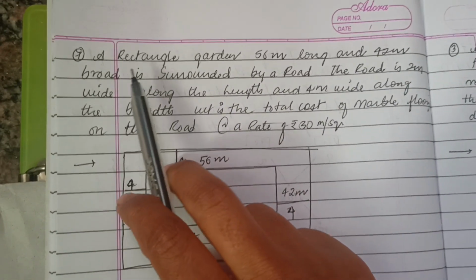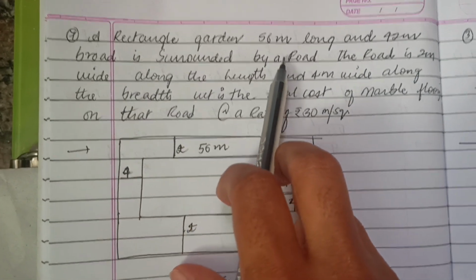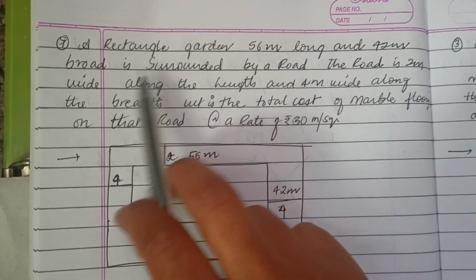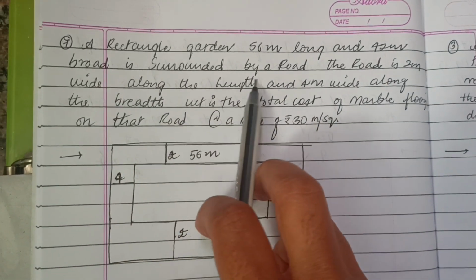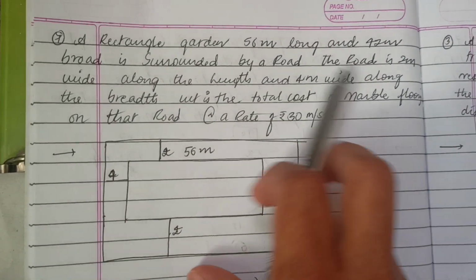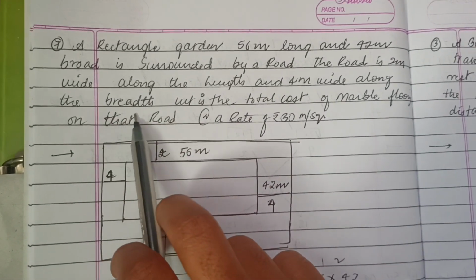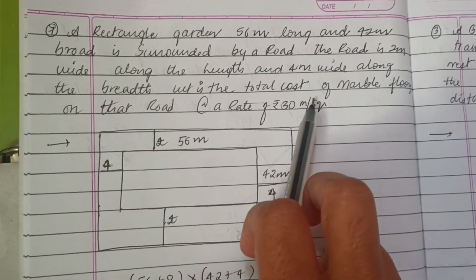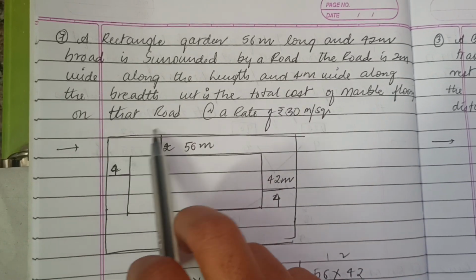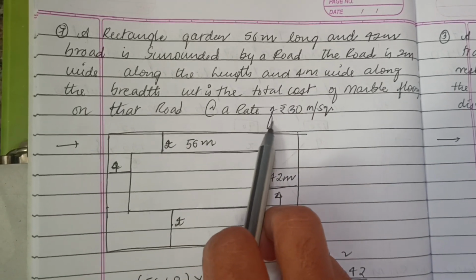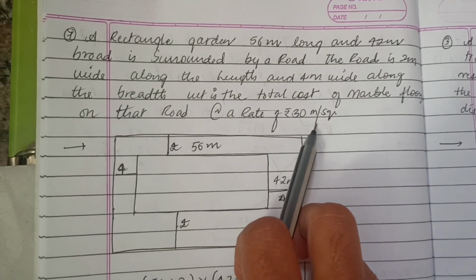Next question. A rectangular garden 56 meter long and 42 meter broad is surrounded by a road, and the road is 2 meter wide along the length and 4 meter wide along the breadth. What is the total cost of the marble flooring on that road, at the rate of 30 rupees per meter square?